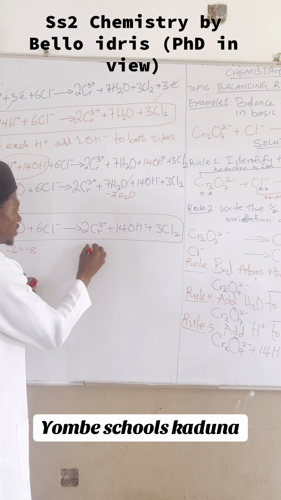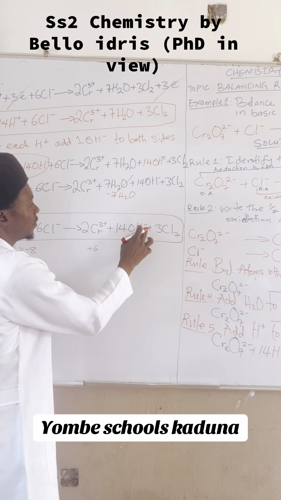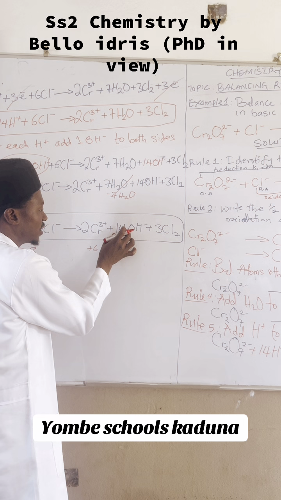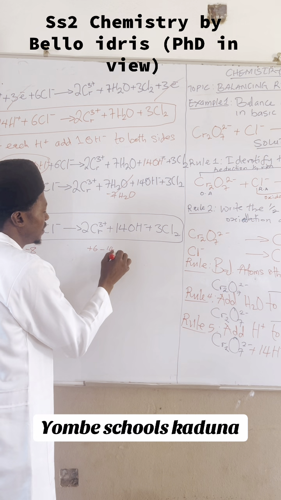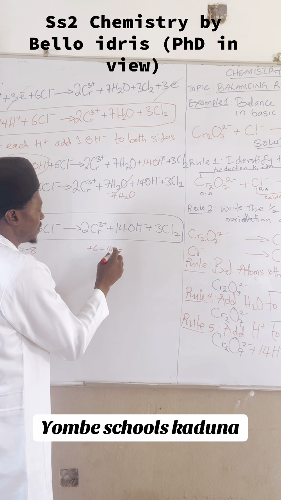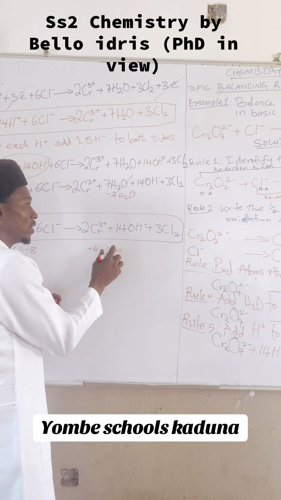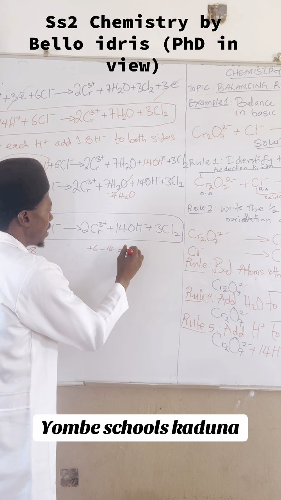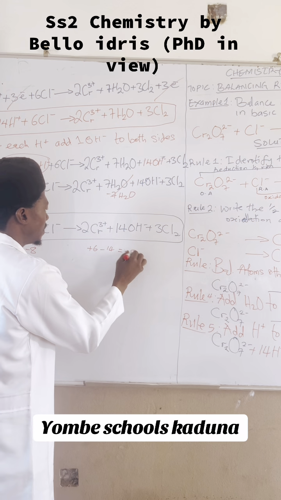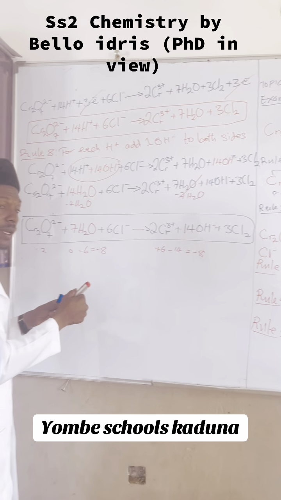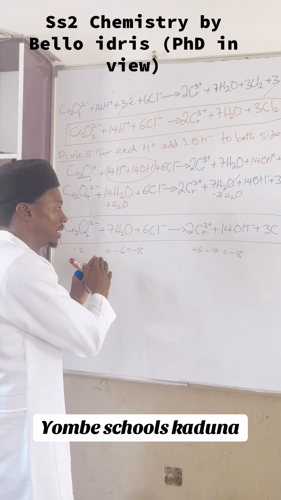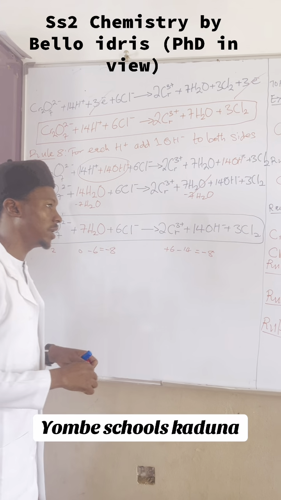This is plus 6. Now, this is minus 1 times 14, minus 14. Plus 6 minus 14 is minus 8. You see, the charges are balanced. This side has the charge of minus 8 and this side is having the charge of minus 8.